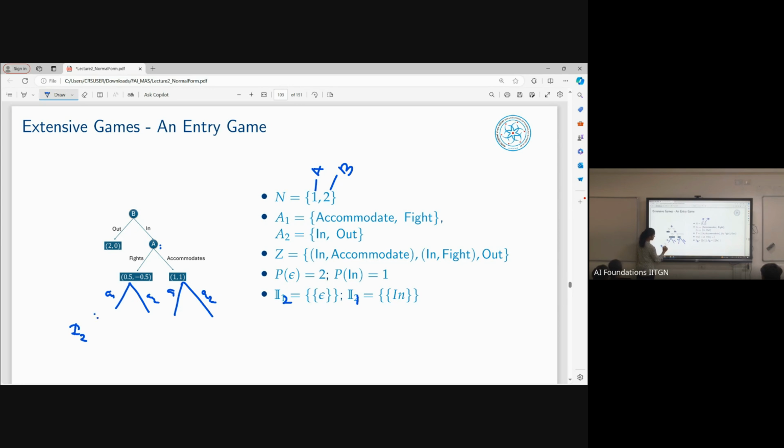That would be epsilon. It has fights. After A has put up a fight, it has to take an action. It also has accommodates. There are 3 elements in its information set. These are different possible nodes that are indistinguishable, so that basically agent 2 queries about where I need to take an action.